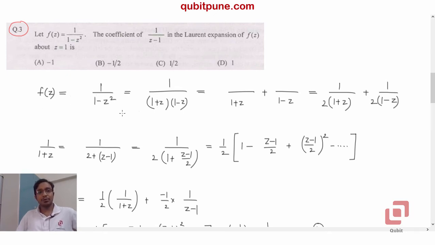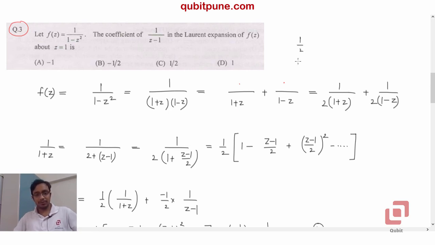Okay, so clearly the factors of 1 minus z squared are 1 plus z into 1 minus z, and if you split it into partial fractions, something upon 1 plus z plus something upon 1 minus z, if you determine those, then it turns out that both of them are 1 upon 2 and 1 upon 2 respectively. You can check it. If I take the LCM and add now, what will I get?